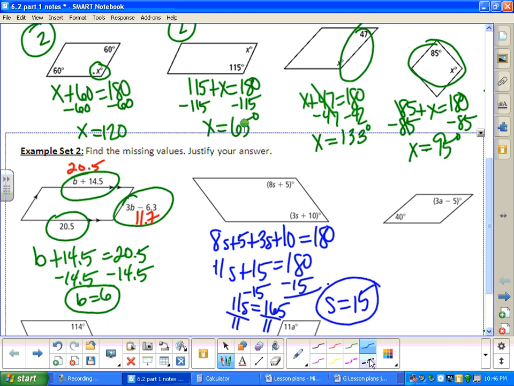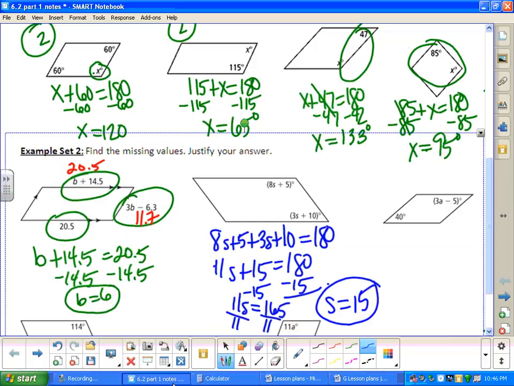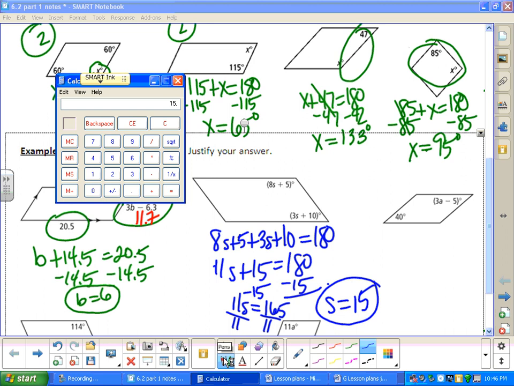So s equals 15. If you wanted to go back in, you could plug it in and figure out. So 15 times 8 plus 5 equals 125.